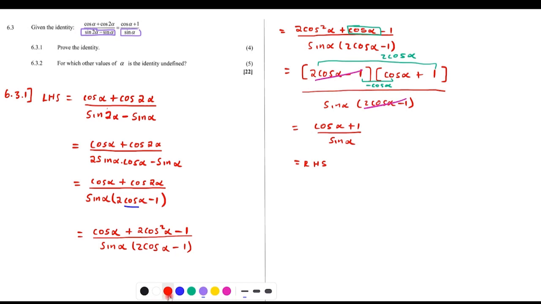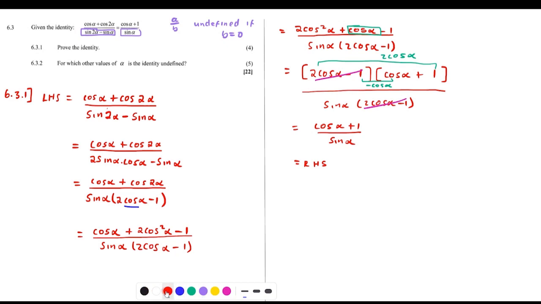So the first thing that we do is we say sine 2 alpha minus sine alpha needs to be equal to 0, right, in order for this to be undefined, because this is a fraction, right? A fraction we know that it is undefined if the denominator is 0. So here they're asking for which values of alpha is the identity undefined.